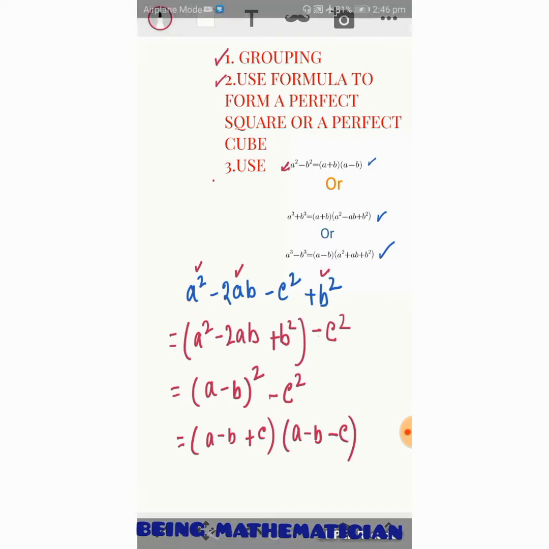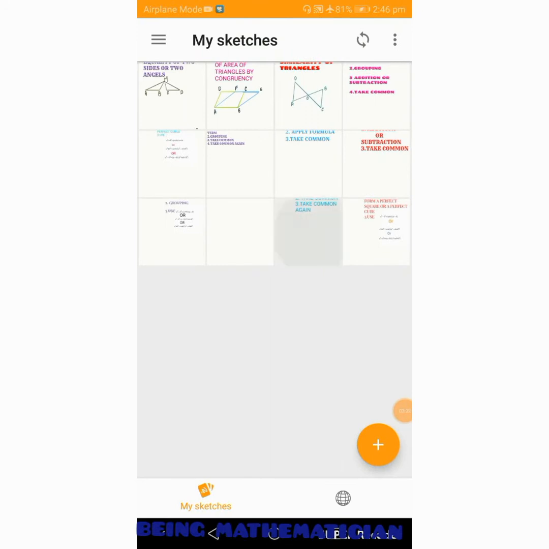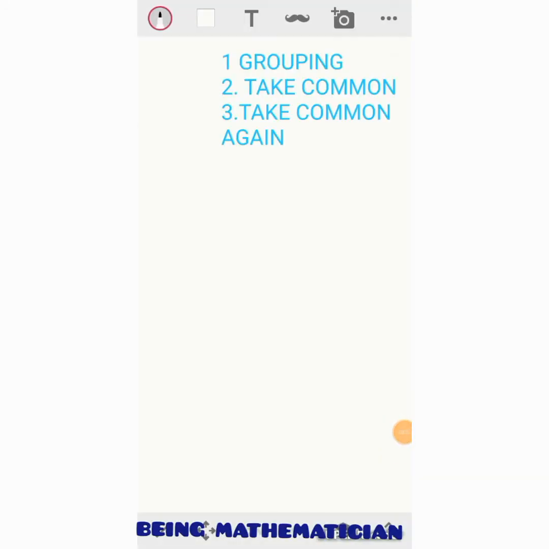Now we move to the second trick. The second trick is: first we do grouping, then take common, and then take common again. Let's illustrate with an example, that is ab minus b square plus bc minus ca.